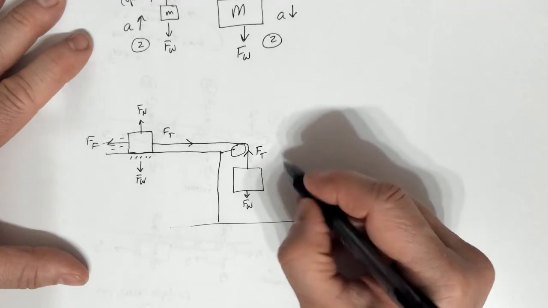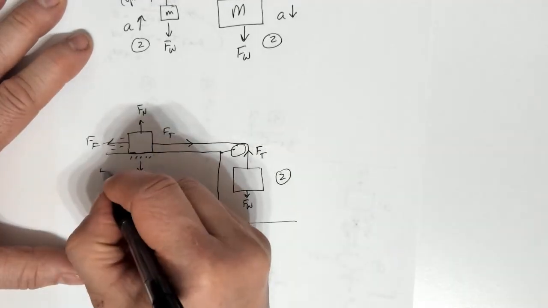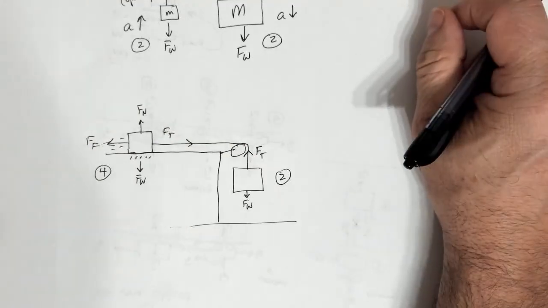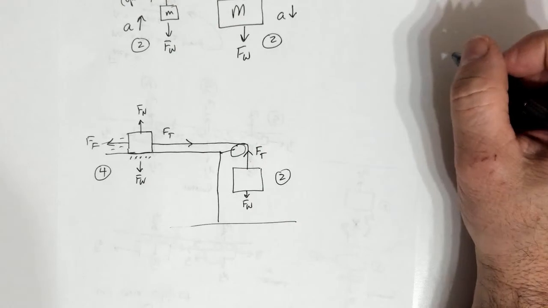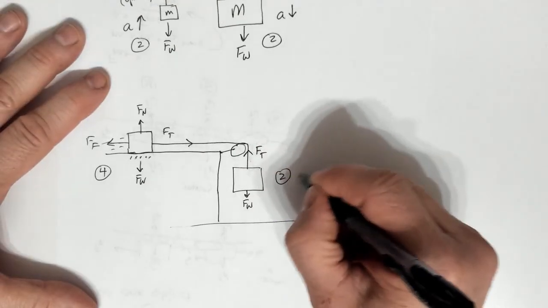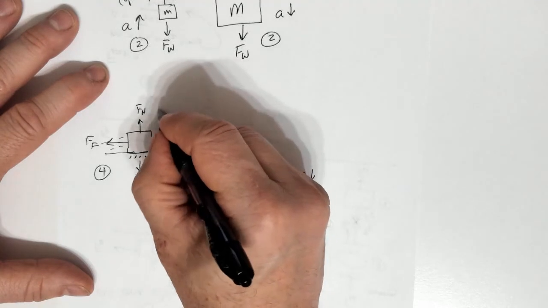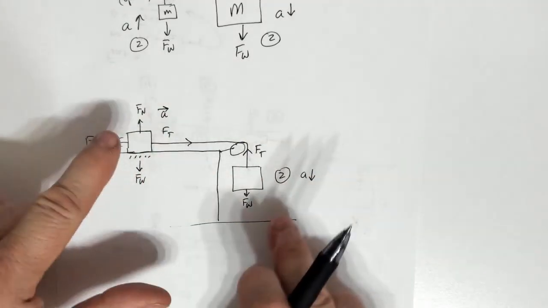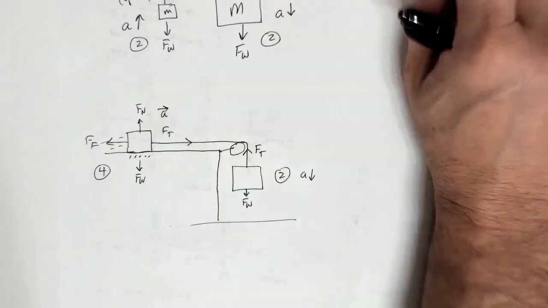So this one only has 2 forces, but this one has 4 forces. Okay? And so we need to be careful on how we evaluate. This one would actually move downward. My acceleration would be downward. This one's acceleration would be horizontal. And they would move together, so whatever this acceleration is, it's also the same answer over here.